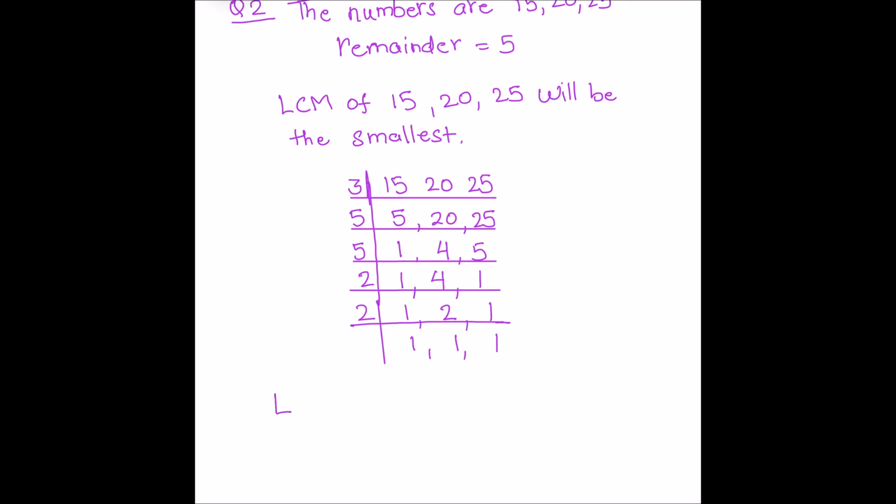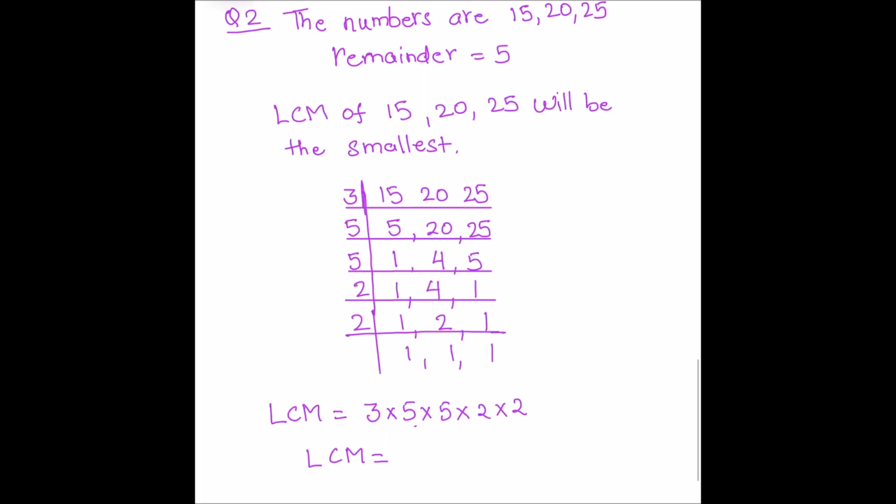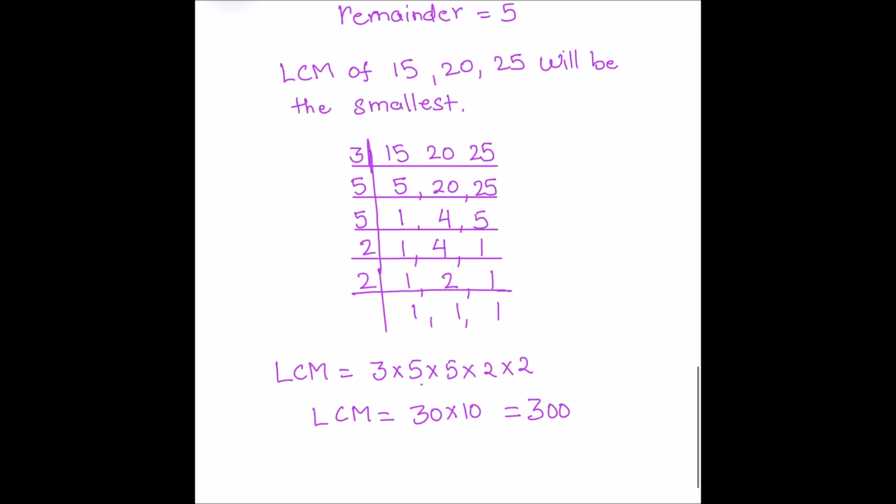So LCM will be the product of all the numbers on the left hand side of the ladder. So LCM will be 3 times 5 times 5 times 2 times 2. 3 times 5 is 15, 15 times 2 is 30, and 5 times 2 is 10. So 30 times 10 equals 300. So the LCM of the three numbers is 300.